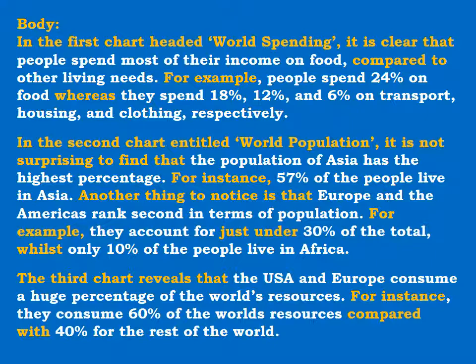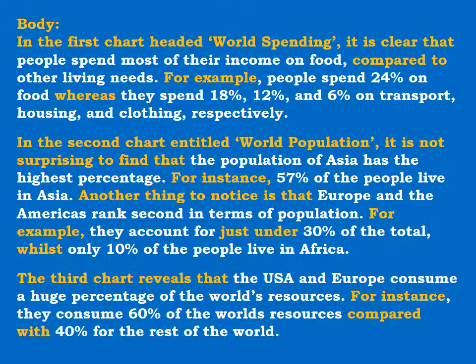This word, you see, indicates that 18% means transport. The first percentage goes with the first sector. 12%, which is the second one here, goes with the second one, which is housing. The third one, 6%, goes with the third one from the sectors. So here, the word respectively means as if we are putting things in order.